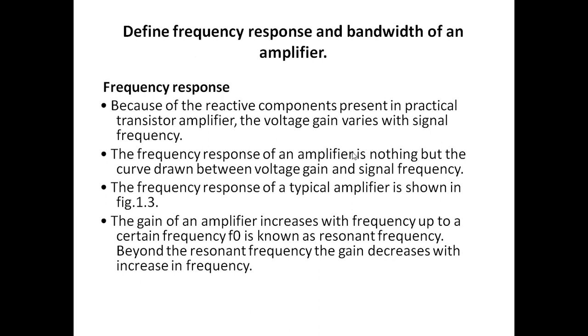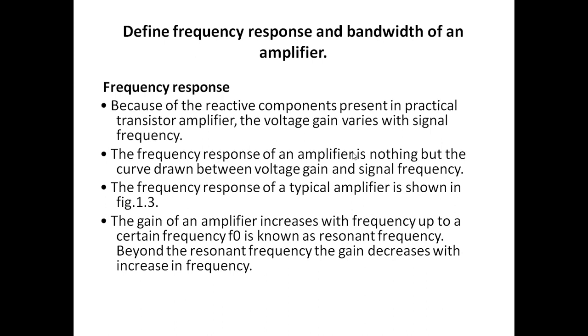Now we have defined the four basic characteristic definitions of a given amplifier, that is common emitter amplifier. Those are voltage gain, current gain, input impedance, and output impedance. Voltage gain is defined as the ratio of output voltage to the input voltage.